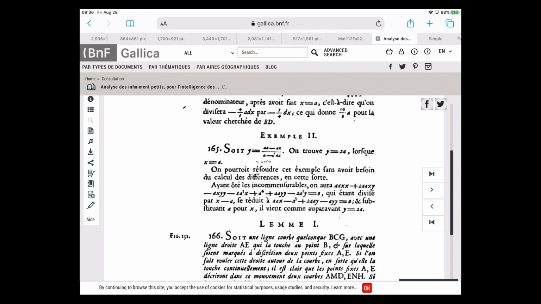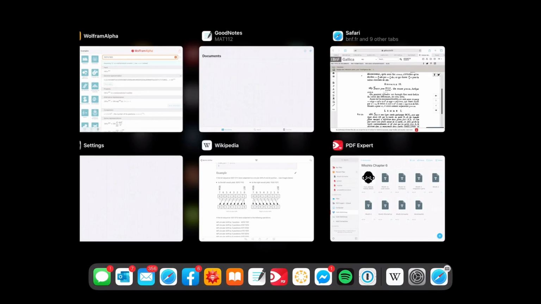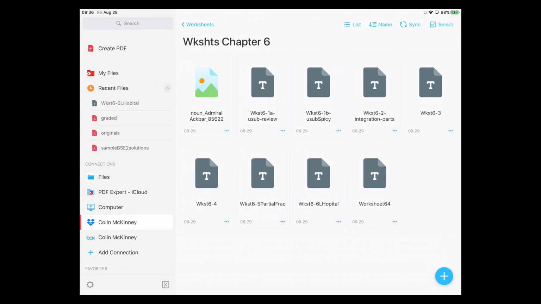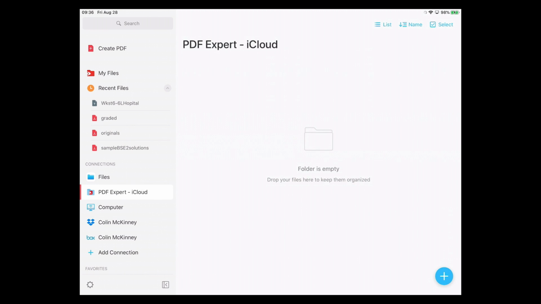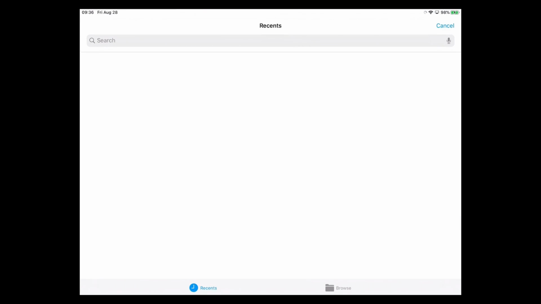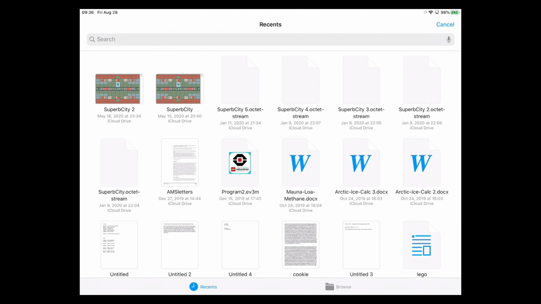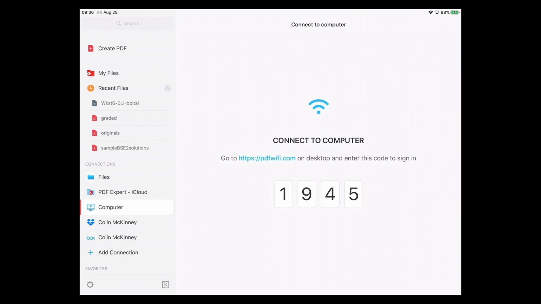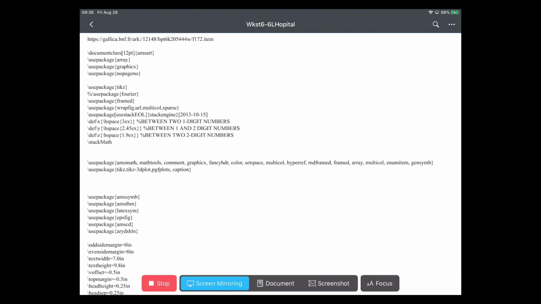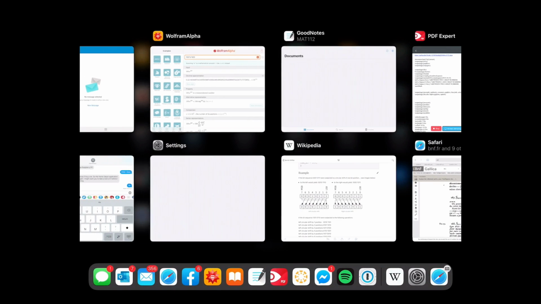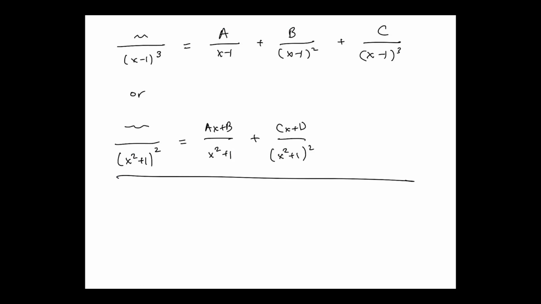Okay, let's go back to, I just want my, let's see. Of course, it's being annoying. Oh, here it is. No, that's the LaTeX version. Forget it. I'm just going to go here and write it.